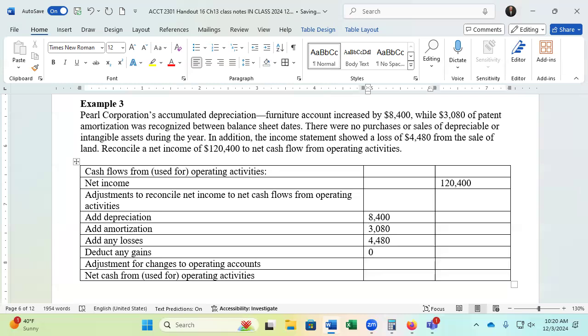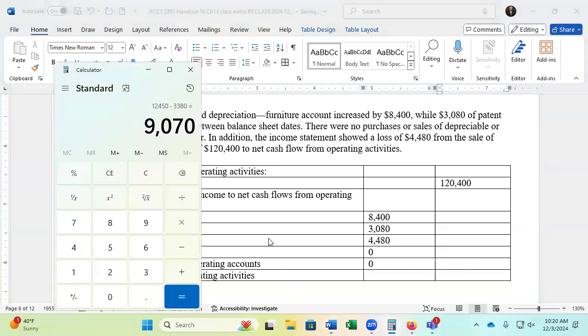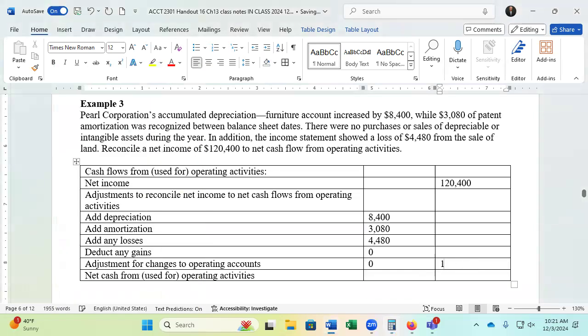We didn't have any gains, and we had no adjustments for changes to the operating account. So we total these up, and we get 15,960. We add those totals together and I get 136,360.